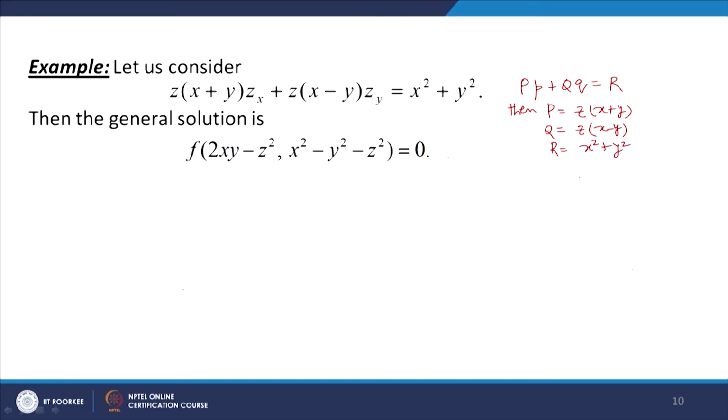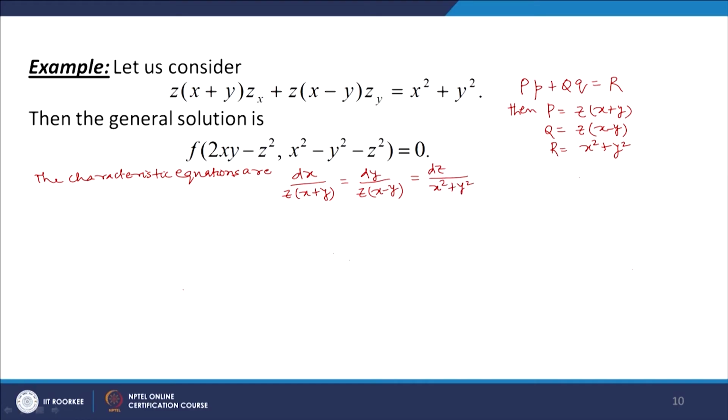The characteristic equations are dx over P, that is z into (x plus y), equal to dy over Q, that is z into (x minus y), and we have dz over R, which is x square plus y square.